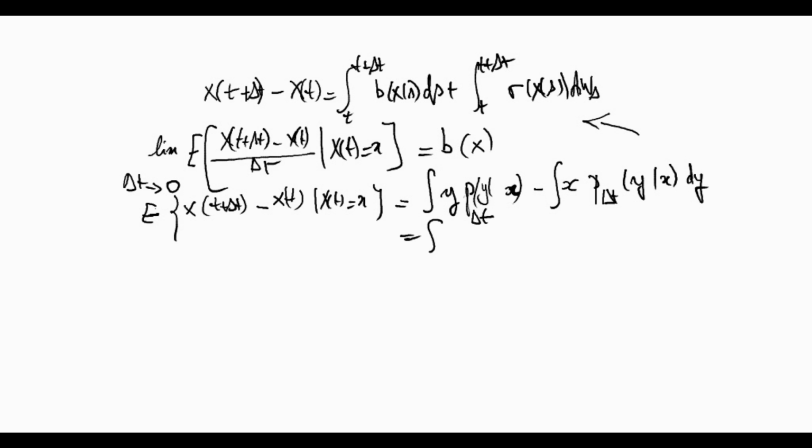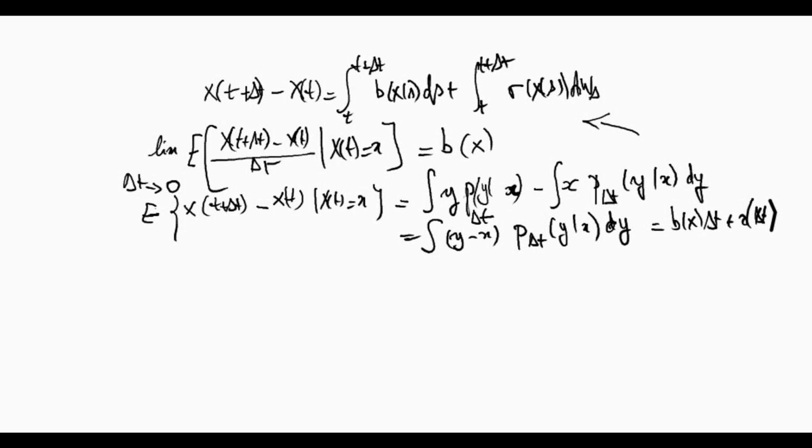And so this can be written as the integral of y minus x times the transition probability from x to y, and we have to integrate over all y. By definition this equals b of x delta t plus a term that is negligible in delta t.